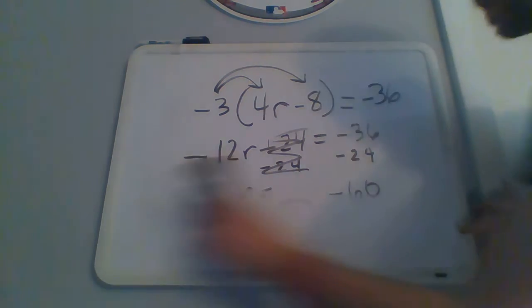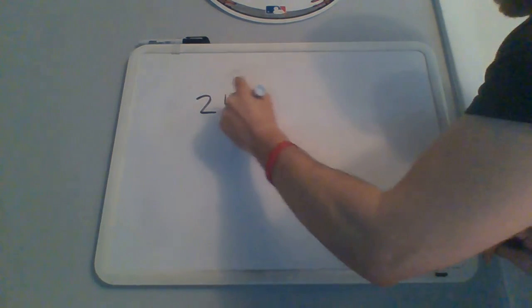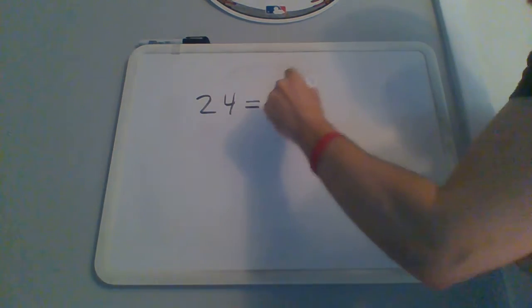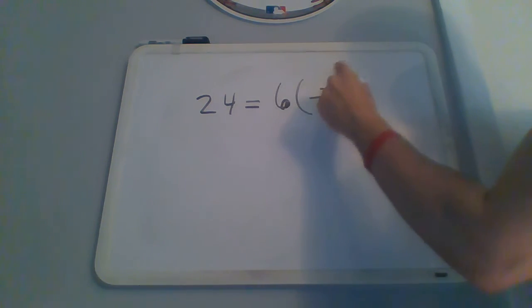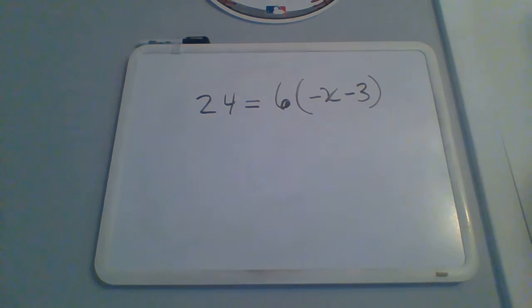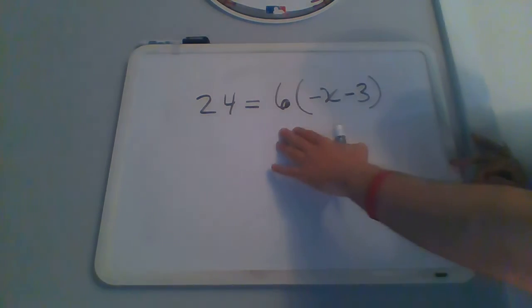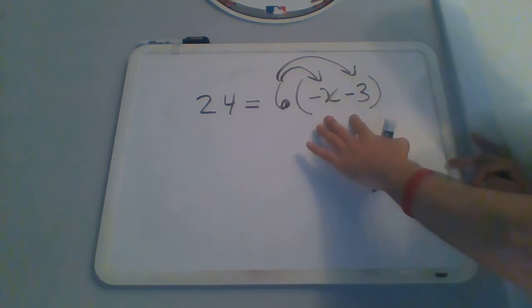And our last equation, 24 equals 6, and then in parentheses, we're going to have negative x minus 3. Again, whatever's right outside the parentheses gets distributed into everything else in the parentheses.